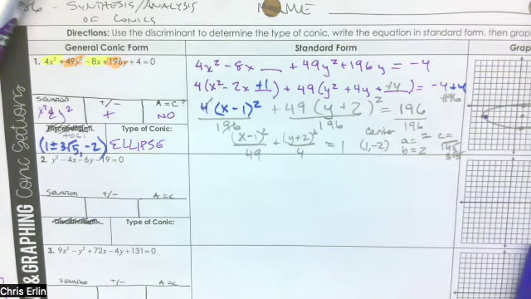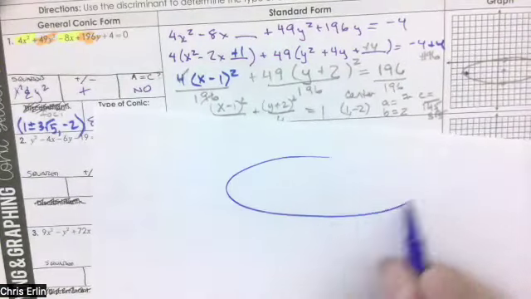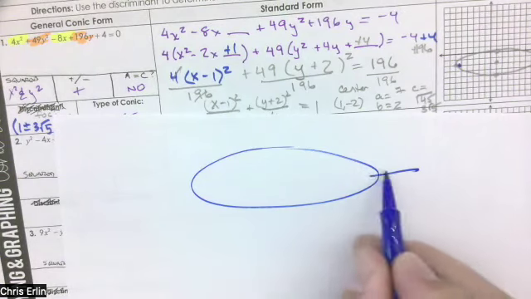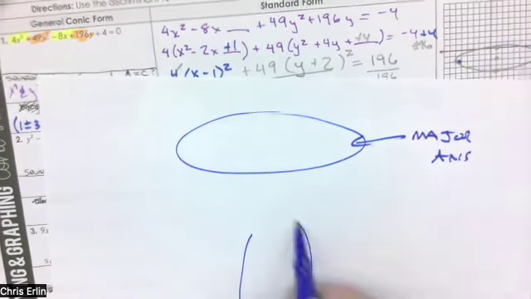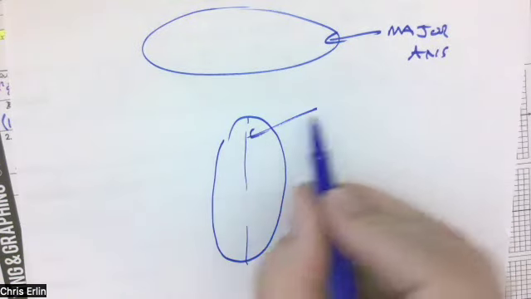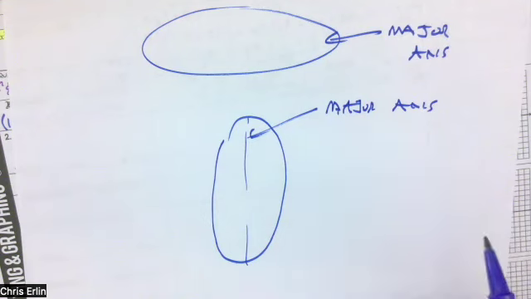So, yeah, let's say that I've got a scenario that's like this, okay? It's a wide one where this is the major axis, versus this one, where now this is the major axis. See the difference?